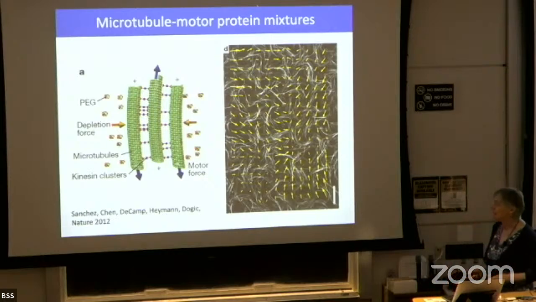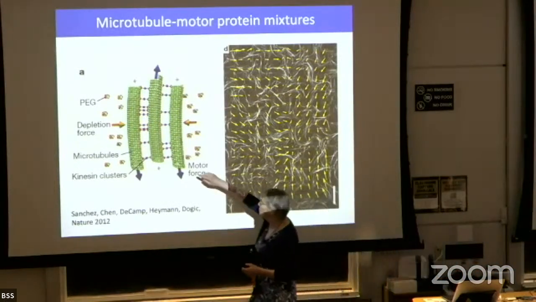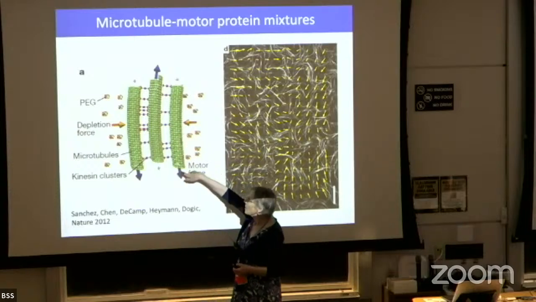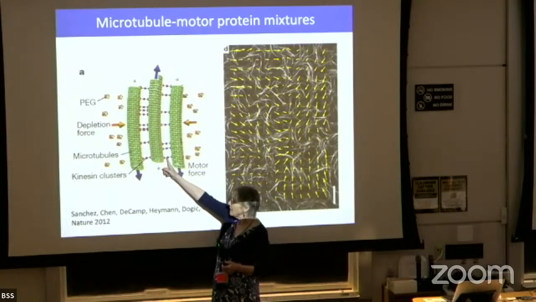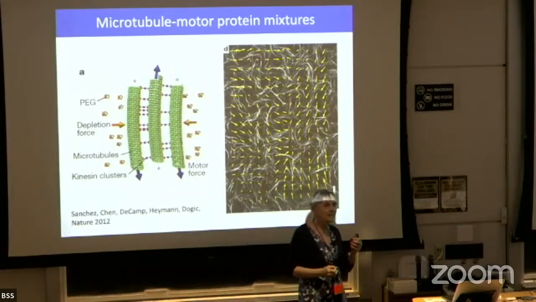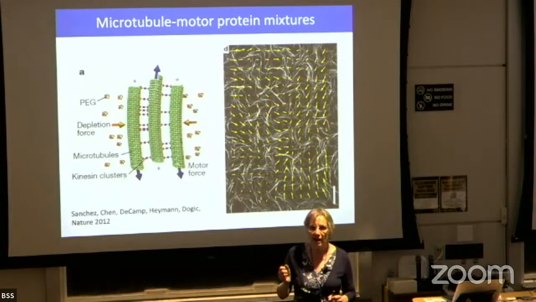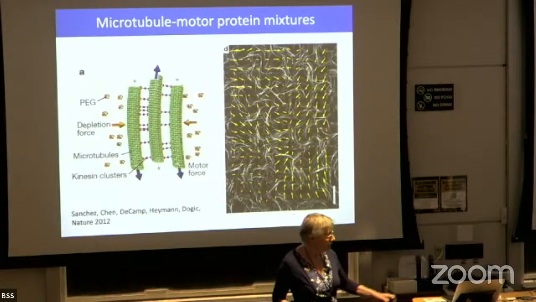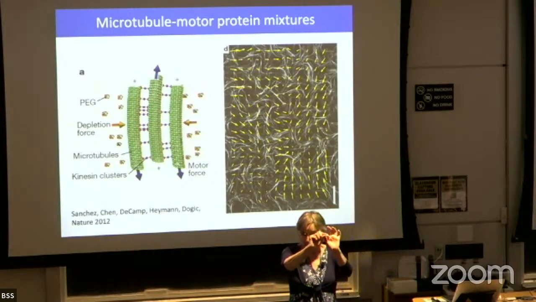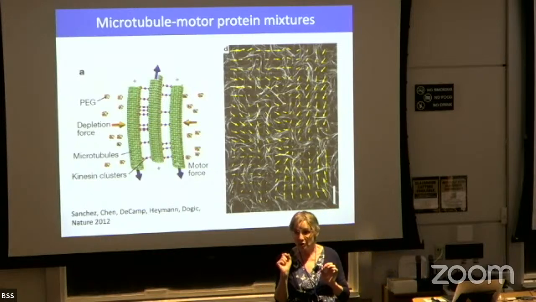And we've seen this many times. It's this beautiful setup which Zvonimir Dogic pioneered, where you have microtubules being pushed around by motor proteins. So here we are. Here are the microtubules. Here are the motor proteins, kinesin, between the microtubules. And those kinesin walk up and down the microtubules, and they have a certain directionality to them. So if they're both, and they've got two heads, so they're bridging between the microtubules.